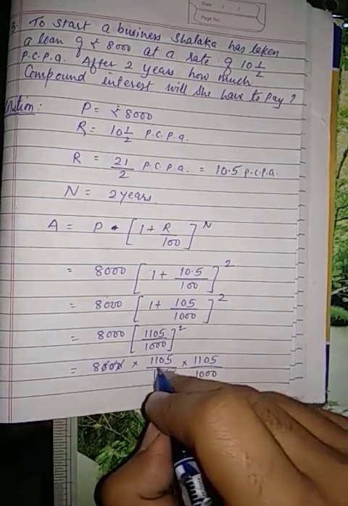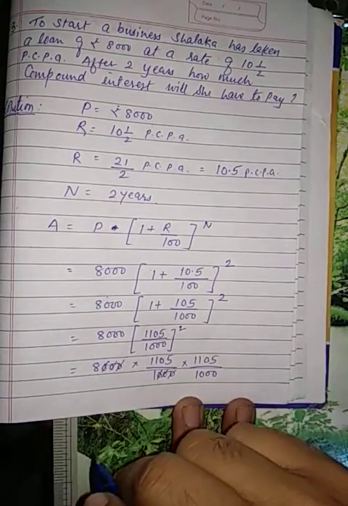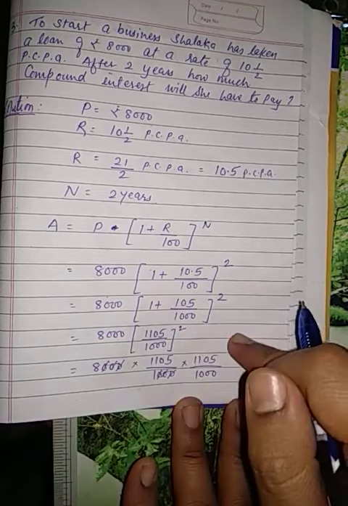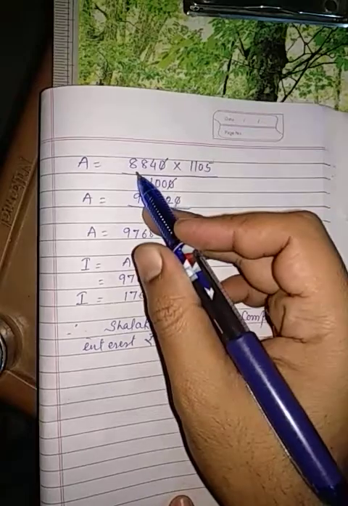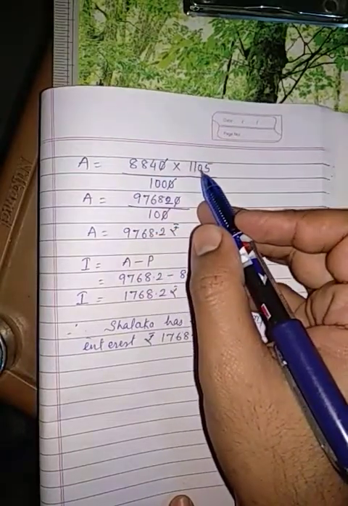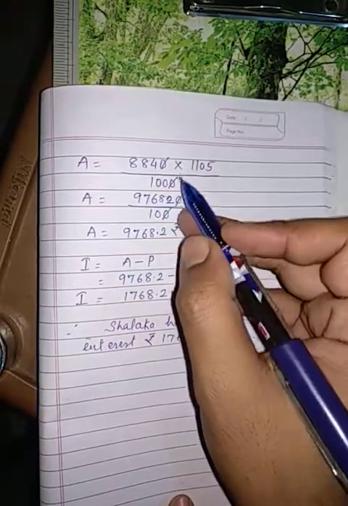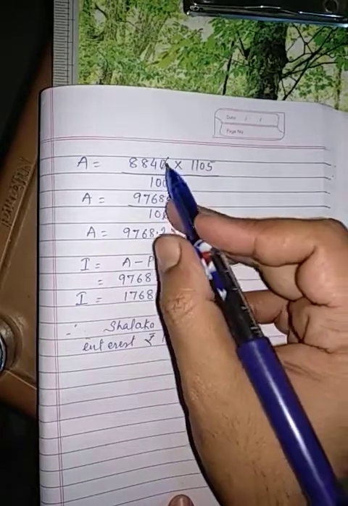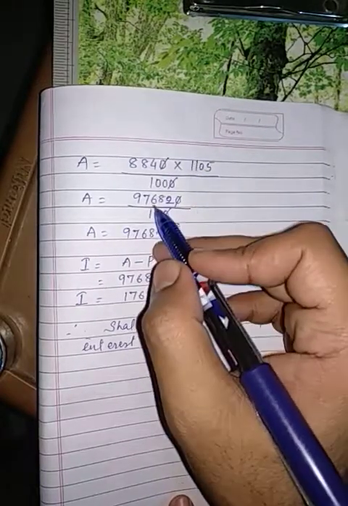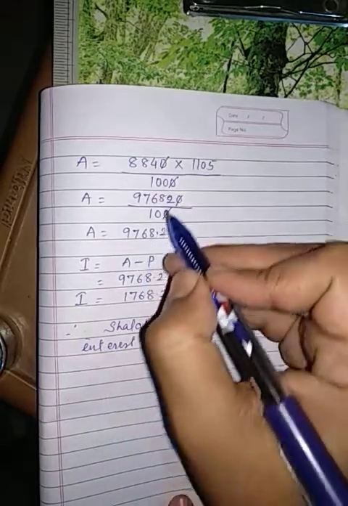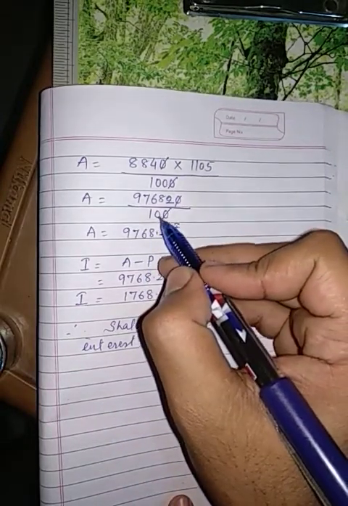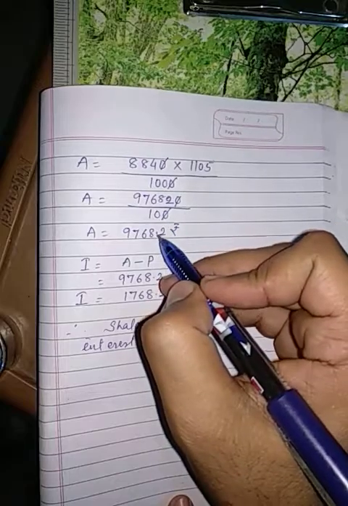Because it is 8,000, divide by 1000. You will get 8. Okay. Now multiply the numerator and divide by 1000. So you get here 8,840 into 1105 upon 1000. So zeros get cancelled. Again multiply the numerator. Divide by 100. So 1 0 will get cancelled. And 10 means decimal point at 1 digit.